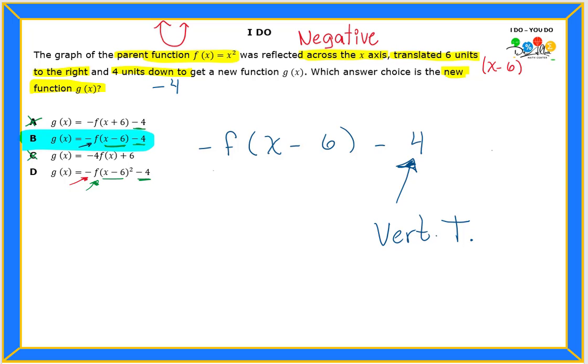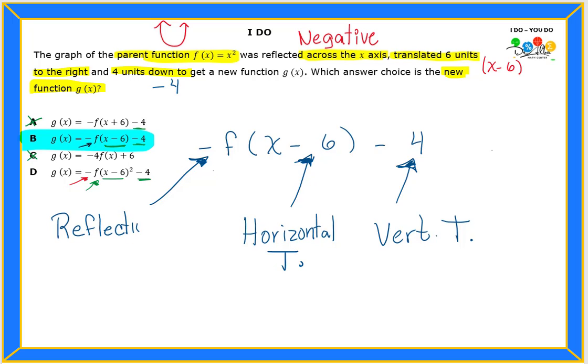The number that is inside the parentheses is going to be your horizontal transformation or translation. And if I do see a negative outside, in this case there is a negative, that means that it's going to be a reflection, and this one is across the x-axis.